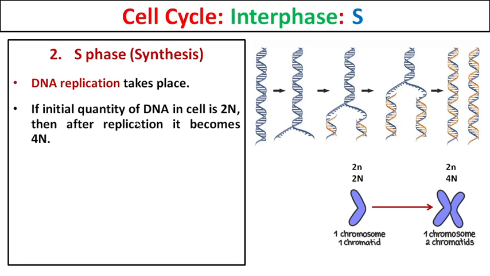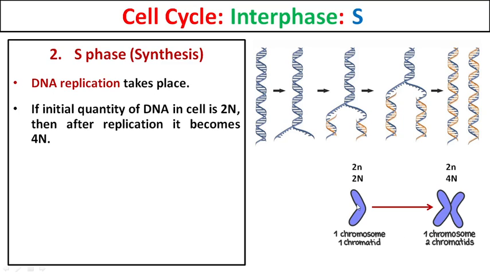Here, there are some important things you need to remember. So we will go through it slowly. Just keep up with me. If the initial quantity of DNA, which is this one strand, is 2n, then after replication it becomes 4n. Clear? Now let me show you why it would be 2n.